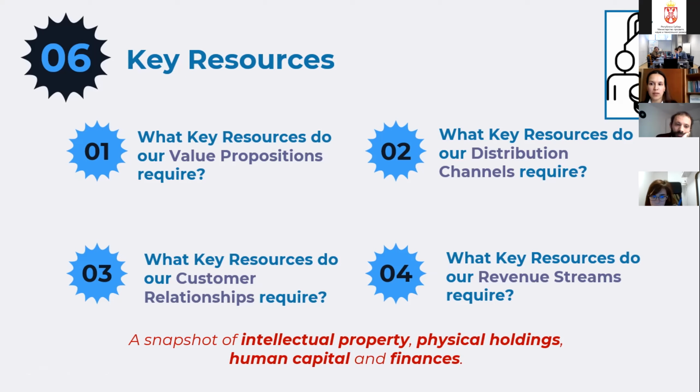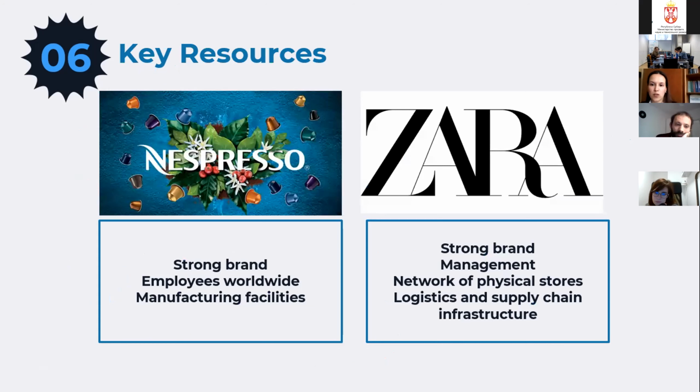Also, different key resources are needed depending on the type of business model. And these key resources can be owned by the entrepreneur, but also they can be leased by a company, or they can be acquired from key partners. So let's see the key resources for Nespresso and Zara.